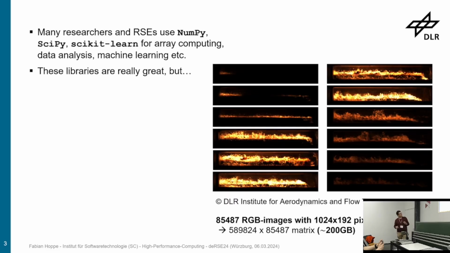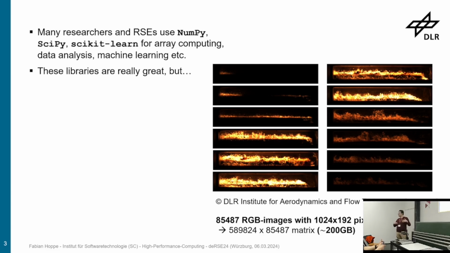So, for example, if you take these images from DLR, they are from a high-speed camera video from some rocket combustion tests. And if you group them into a matrix, you flatten the images to just vectors and so on, you get a matrix with roughly 200 gigabyte.